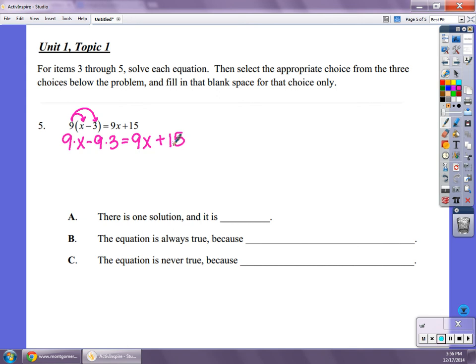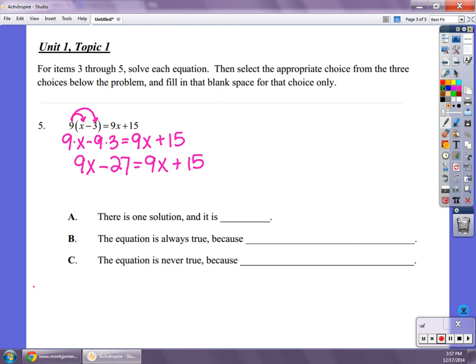All right, I'm going to simplify that left side. We end up with 9x minus 27, 9 times 3, is equal to 9x plus 15. All right, we've reached a point in this equation where I notice that we have the same x term on both sides of our equation.